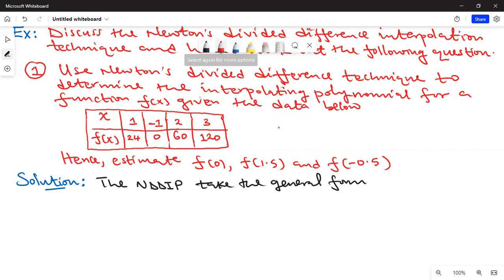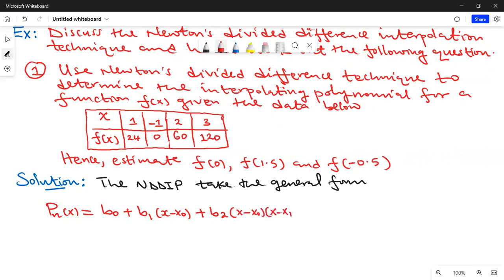It's usually a polynomial of this form, Pn of x, remember it must be of degree n, is equal to b0 plus b1 times x minus x0 plus b2 times x minus x0, x minus x1.